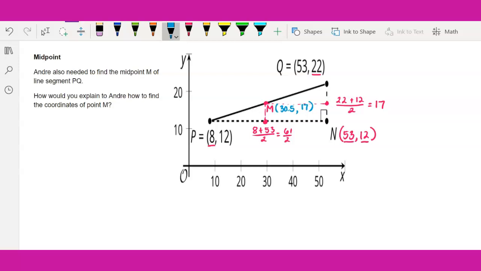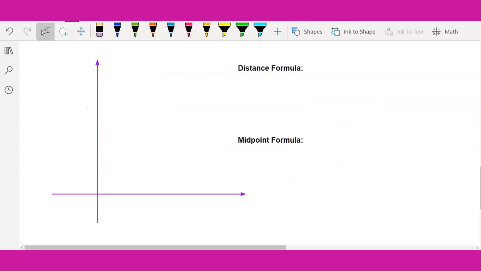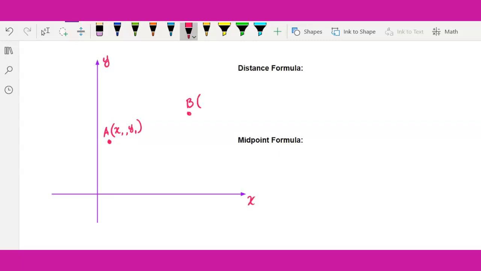Now, let us summarize all of this. In a coordinate plane, or the x,y plane, if we have 2 points, let's say A and B, and we know the coordinates of point A, let's say x1, comma, y1, and the coordinates of point B as x2, comma, y2.